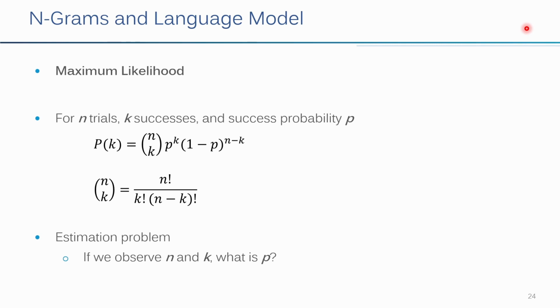Another way to do this is to frame it as maximum likelihood. Let's say you have n trials, k successes, and a success probability of p for that specific word or character, depending on how you do this. You can understand this as an estimation problem.